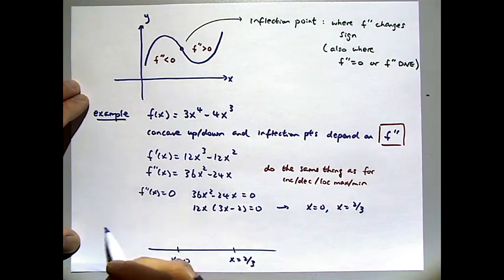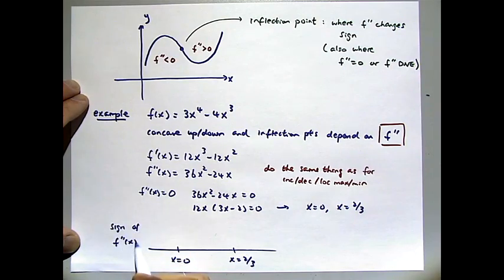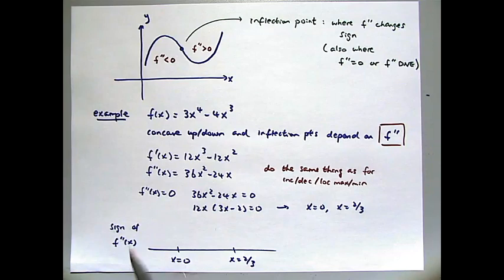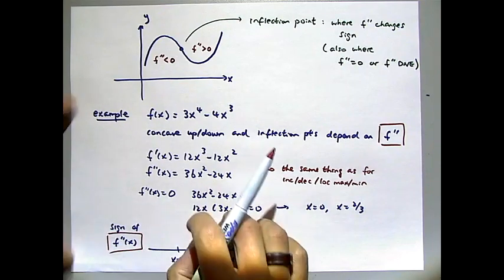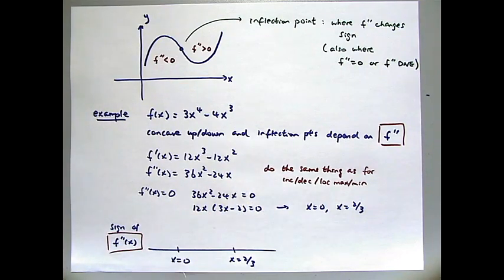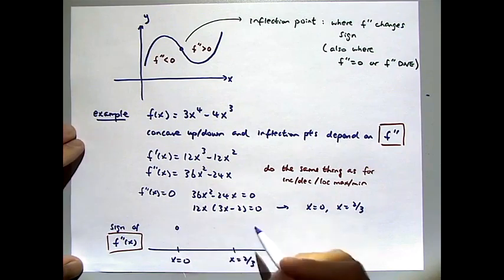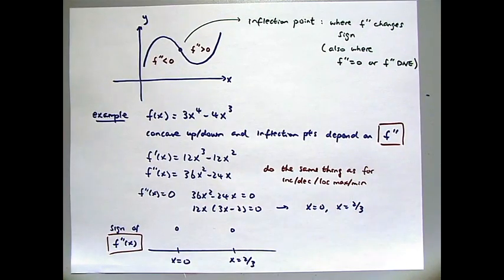Then we do the same thing, and now we check the sign of f double prime above the chart. Okay, like I said, everything we've been doing is exactly the same with a different function. Okay, choose something in here, plug into here.